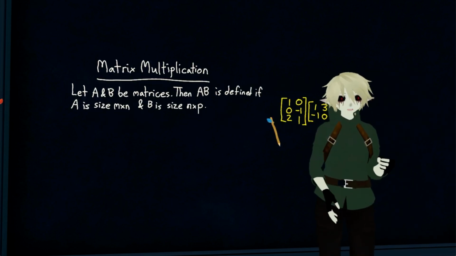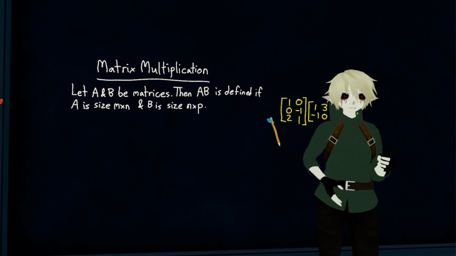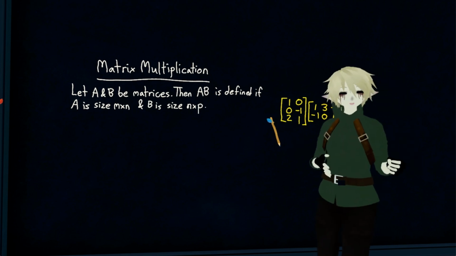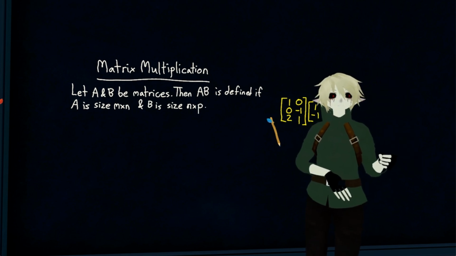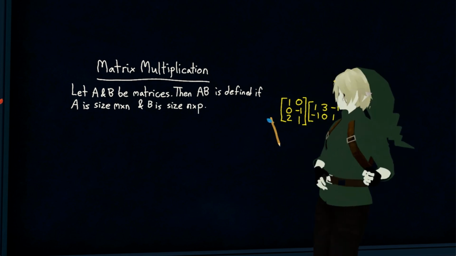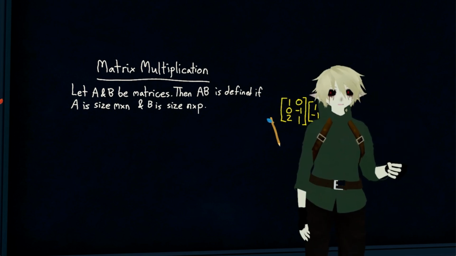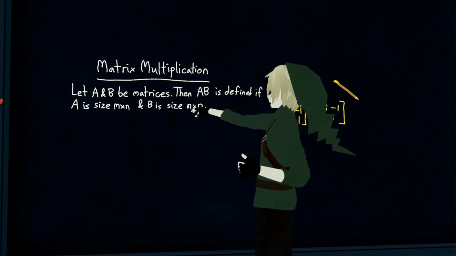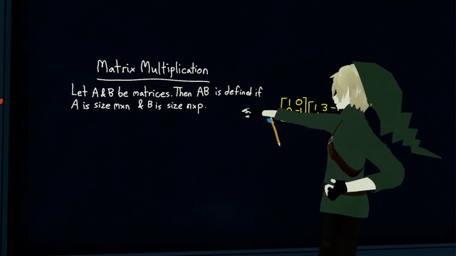So now let's get to the most annoying part. Well, not most annoying. Only if you do it with bigger matrices. But yes, we have matrix multiplication. So first off, I just want to reiterate: let A and B be matrices.